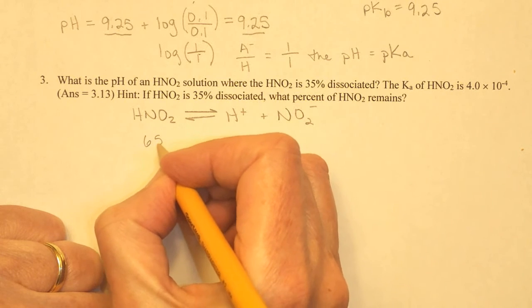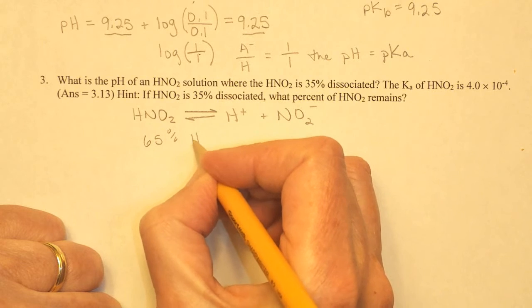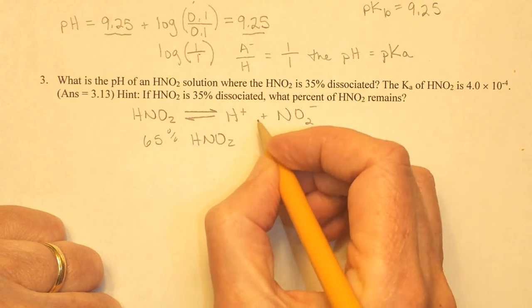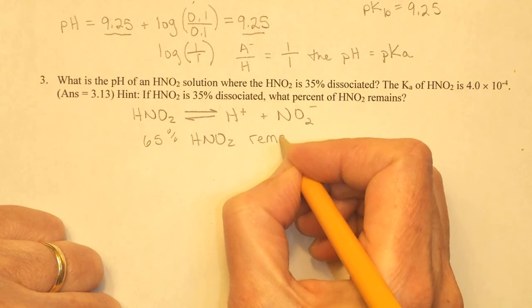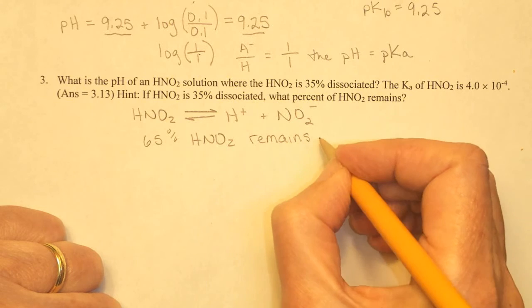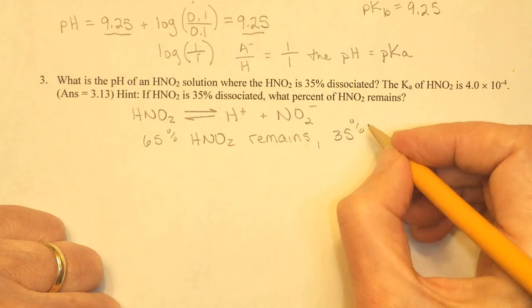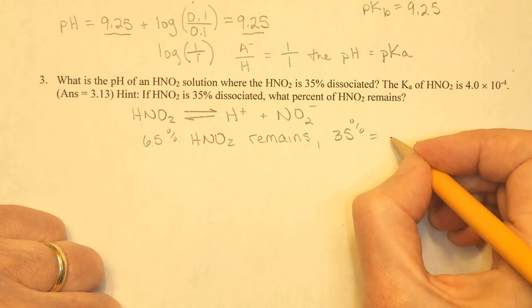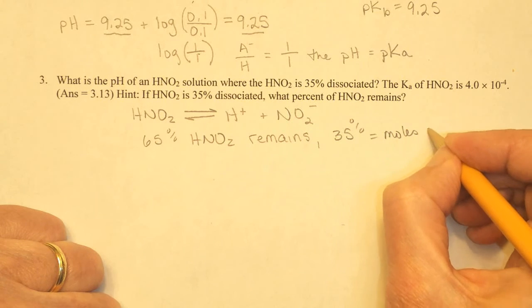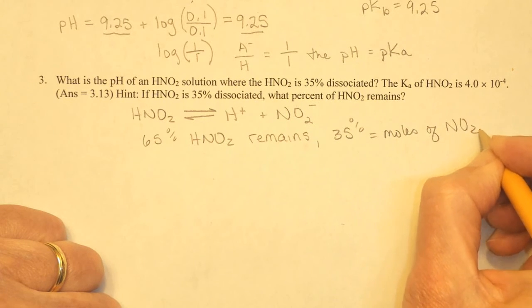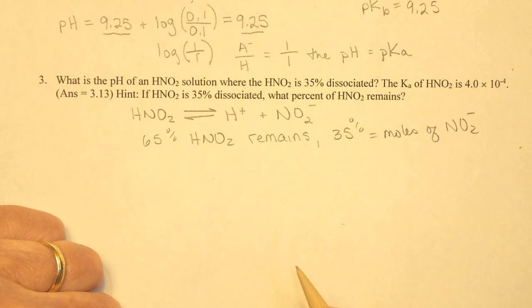That means that 65% of the HNO2 remains, and 35% of it is equal to the moles of NO2 minus because it is dissociating.